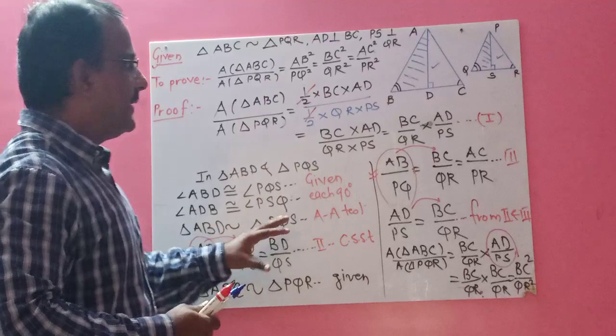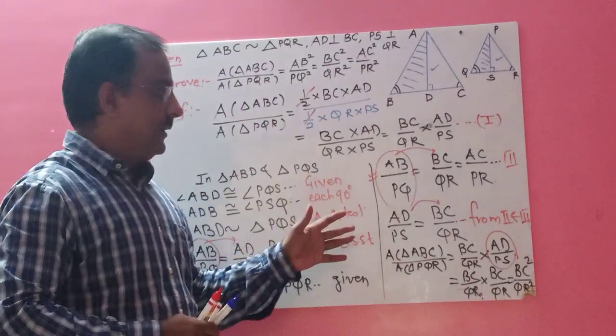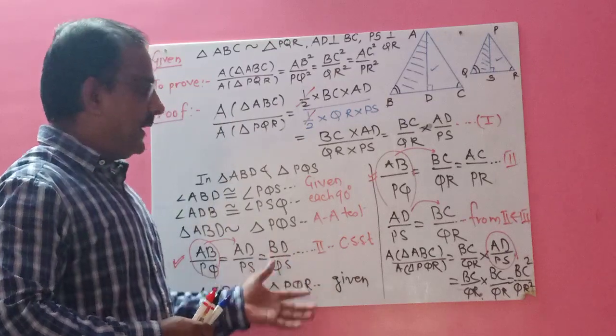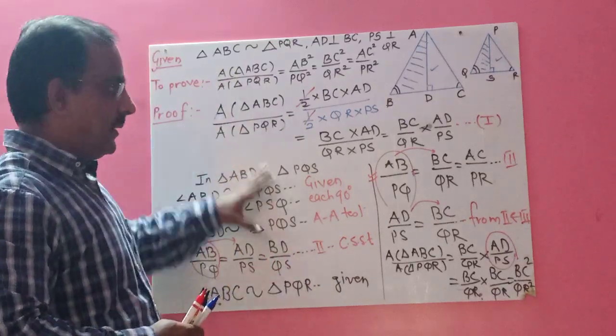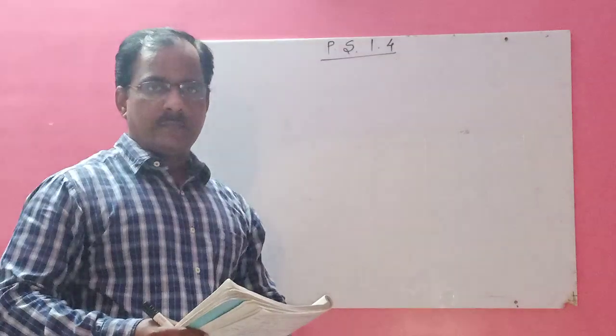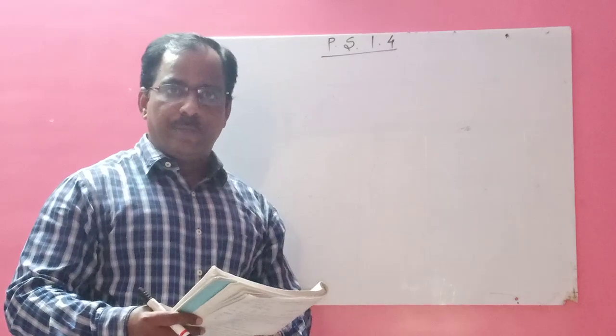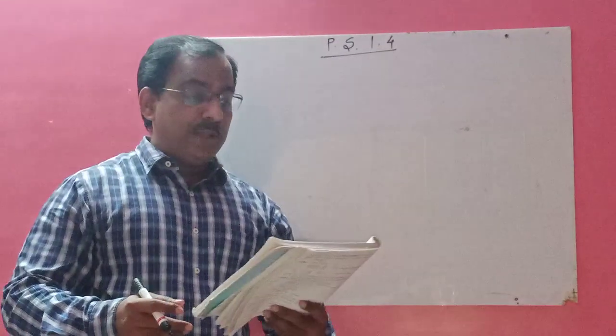This theorem is called the areas of similar triangles theorem. Now I am going to apply this theorem for exercise 1.4. So children, practice set 1.4, page number 25.